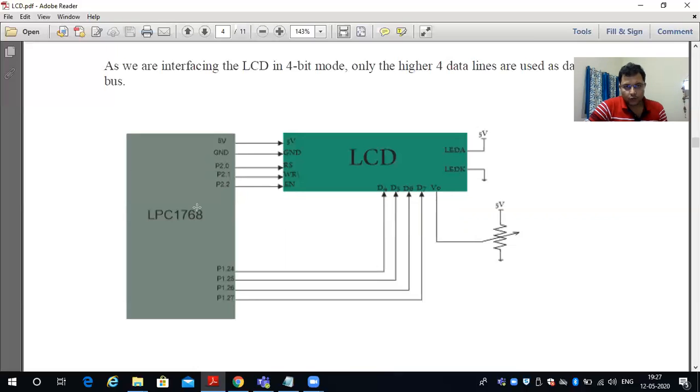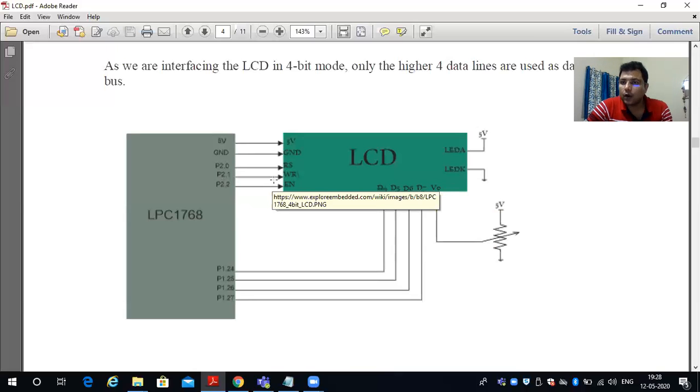So P2.0, P2.1, P2.2, all these 3 are output pins, which we will use for controlling the LCD display. As RS, if we place signal 0 over it, that means whatever is on the data line would be considered as data. If we place 1 here, then whatever is over the data line would be considered as a command.